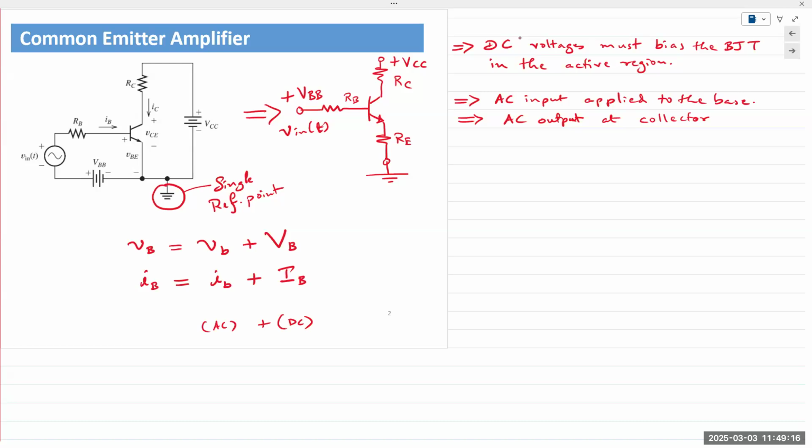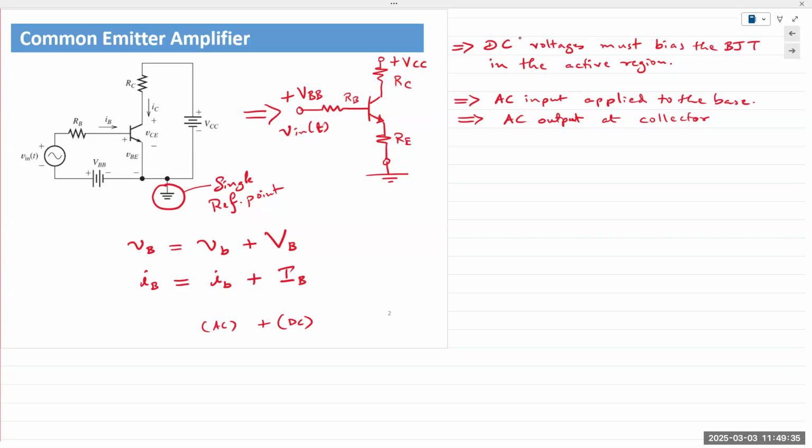So every amplifier output will have a DC component built into it, just because of the way the circuit is designed. The AC input is applied to the base terminal, and then the output changes according to the input signal that's applied.